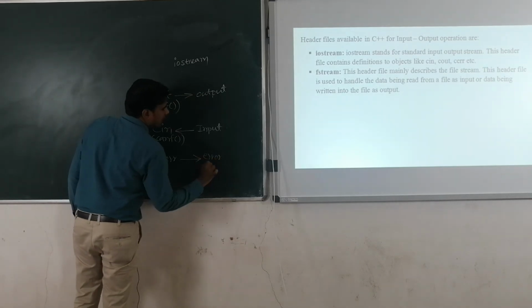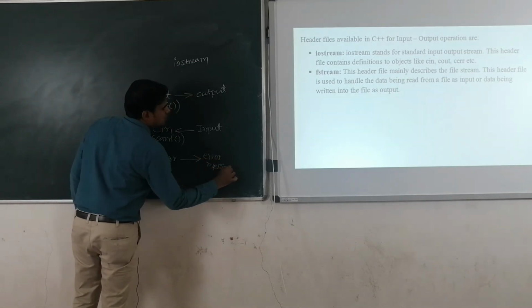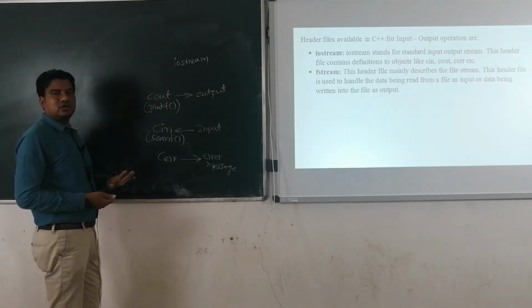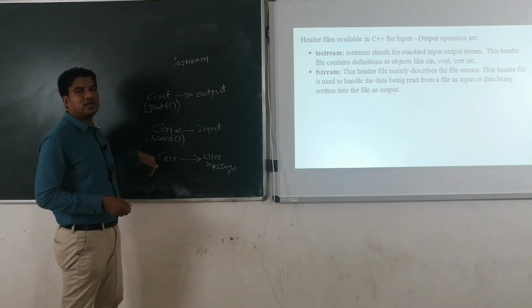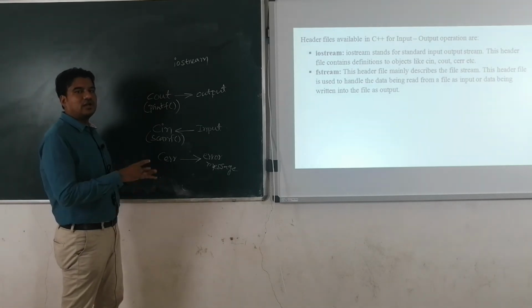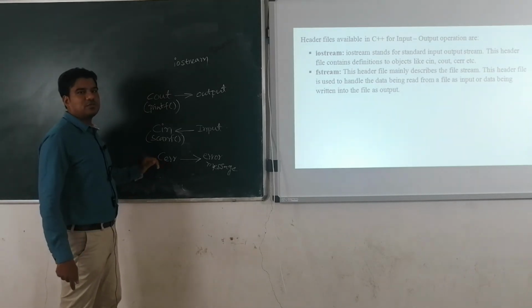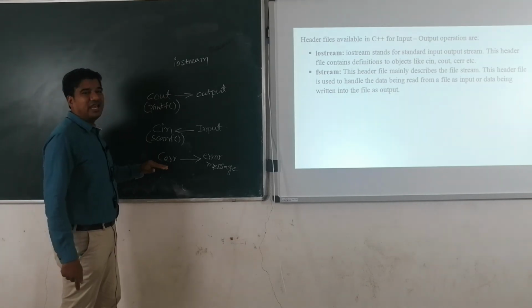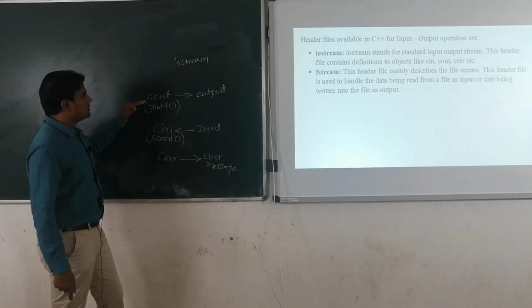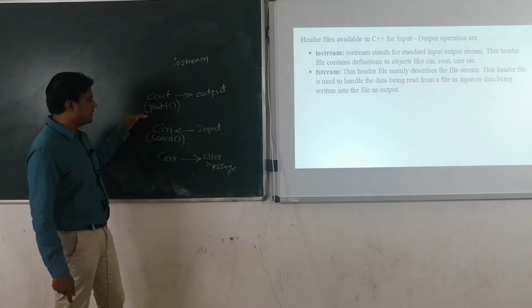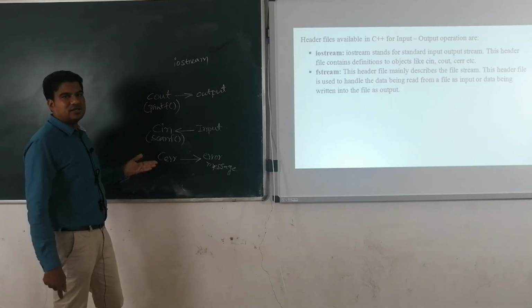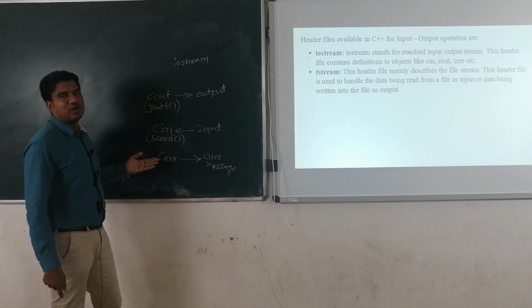Whenever you want to display an error message, we use this cerr, and there is no comparison in C. In your C programming, we don't have any alternate method to print the error message on your standard console. So cout is exactly similar to printf, cin is exactly similar to scanf, and for cerr there is no alternate in C programming.